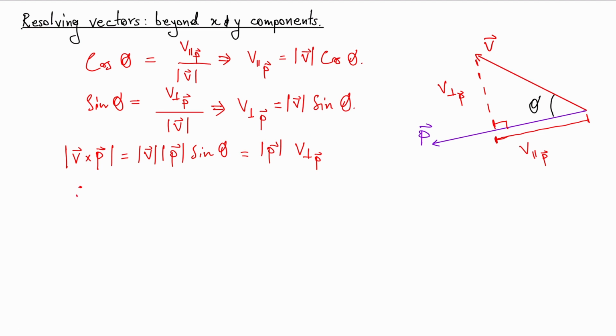Therefore, V perpendicular to P bar is simply going to be the magnitude of the cross product of vector V with P divided by the magnitude of vector P. So, whenever you are given vectors in unit vector notation, and you don't know the angle between them, the way you would find the component of V that's perpendicular to vector P is by finding the magnitude of their cross product and dividing it by the magnitude of vector P, where vector P is the vector onto which we are projecting, or against which we are projecting.